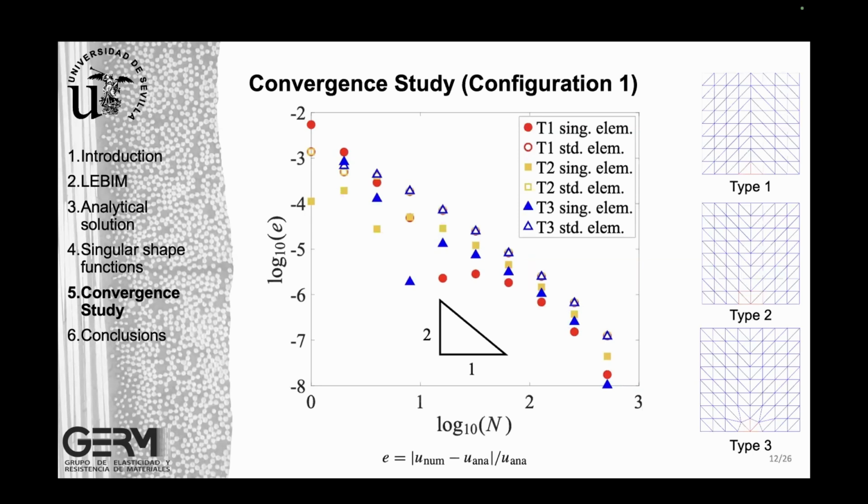One of the very interesting things is that, first, all the solutions obtained with standard elements, the ones that are empty in the middle, are in the upper part, which means that the error is higher. While the results obtained with the filled dots are on the lower part, which means that the error is lower.